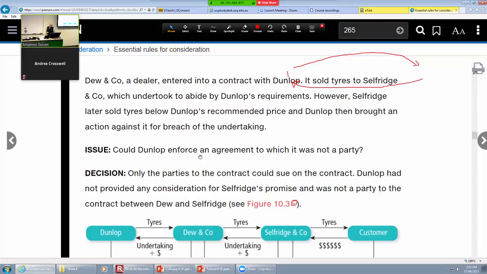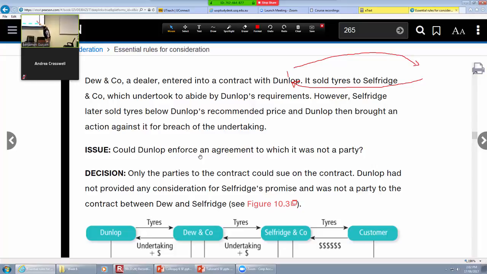All right. Now we have this diagram, look at it. Now there you have Dew & Co., one of the dealers, entered into a contract with Dunlop. So the first thing was the manufacturer, and the manufacturer is going to sell to one of the retailers. These are the promises, do you see them? So I promise to give you the pen or the tires, whatever it is, and in exchange you'll give me money, but what is that? Undertaking. What undertaking?